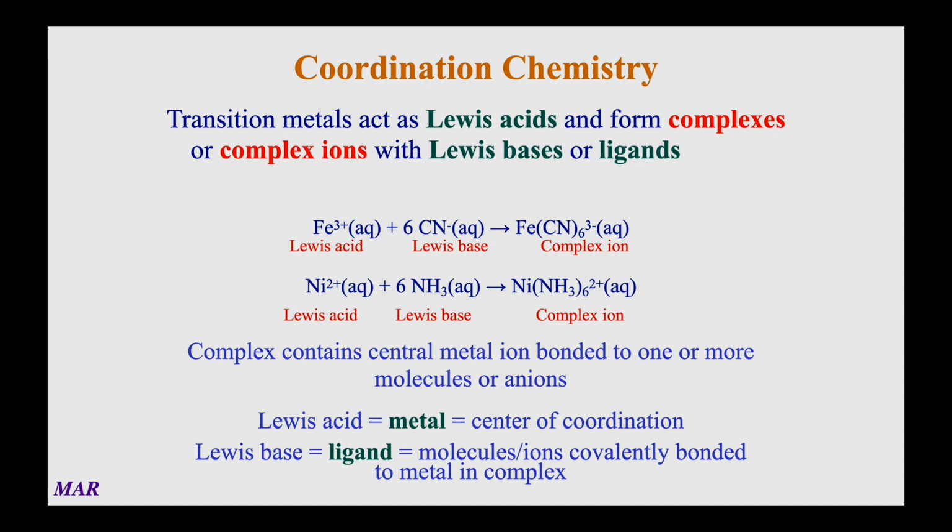That's going to be where everything gets coordinated to. And the Lewis base, which has the fancy name ligand, that's where the lone pairs are going to connect to the Lewis acid. They're going to donate their electrons. And this creates then these molecules or ions. They're covalently bonded, sharing. It's a coordinate covalent bond usually, but that's cool. These things are actually pretty stable.